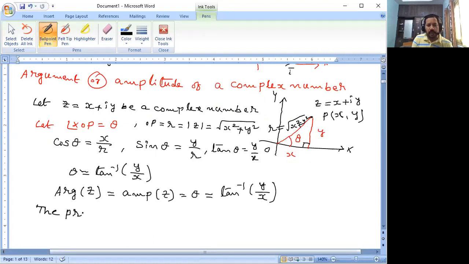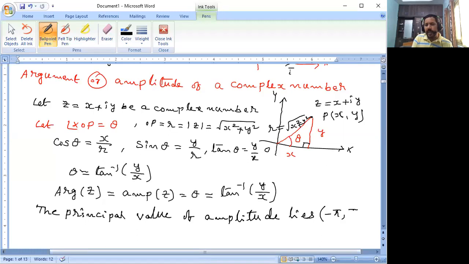The principal value of amplitude lies between minus pi to pi.